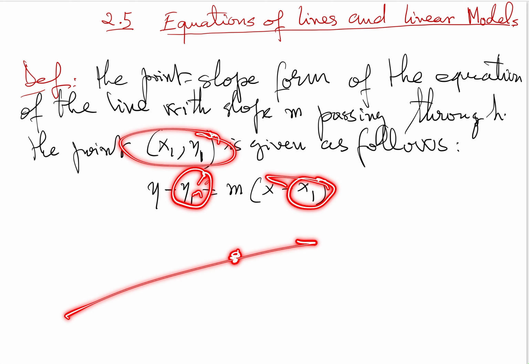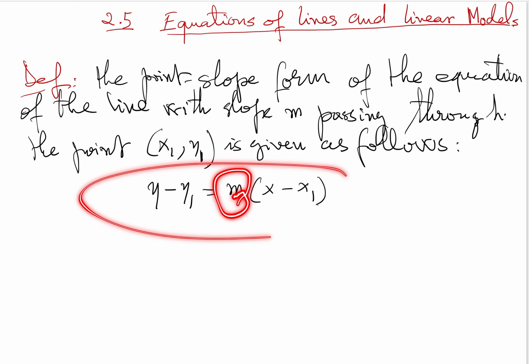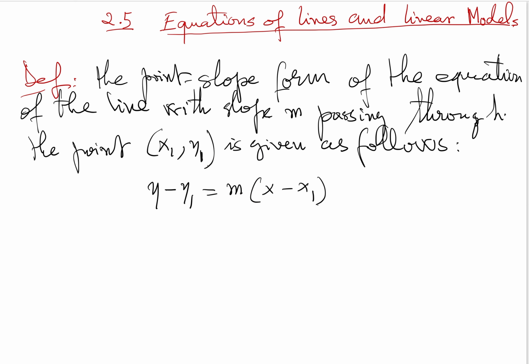And if they ask you to find the equation, the slope is just the m, and the equation of the line is this one. Okay, that's the definition. Now let me give you some examples so you can understand.